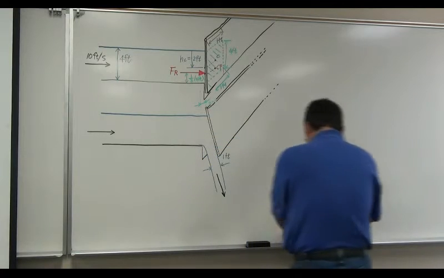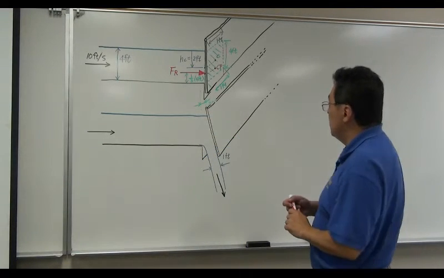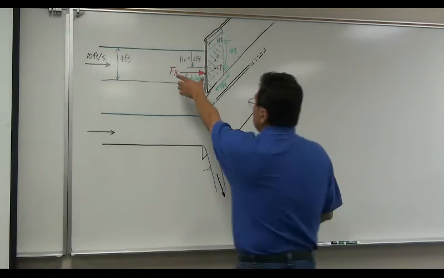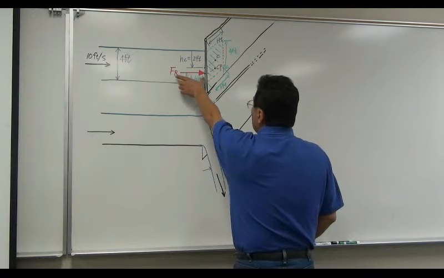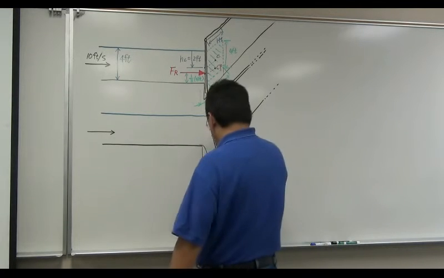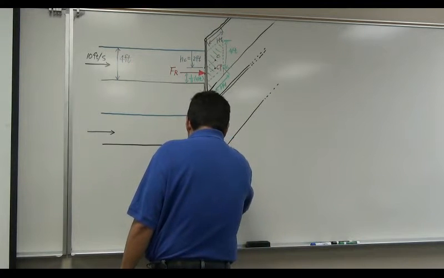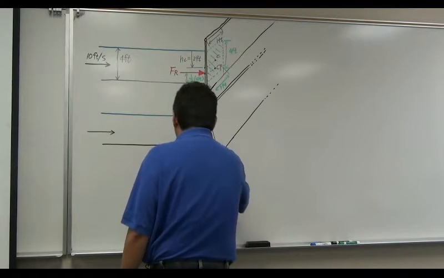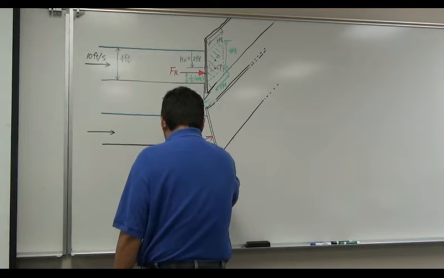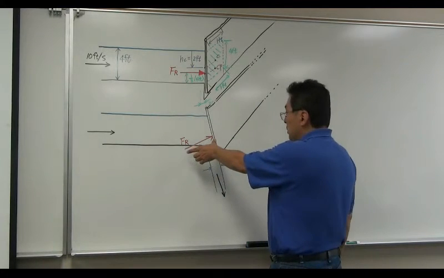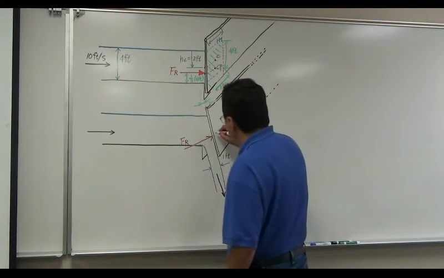Okay? So let's make this problem simple. So let's assume that this Fr, even though this is turned 20 degrees, obviously, keep pushing this plate with the same magnitude. Okay?